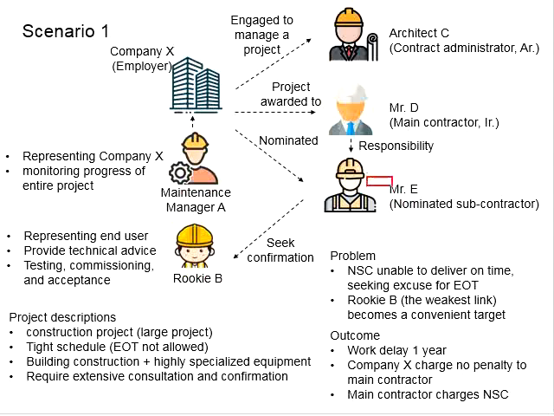So what this Mr. E did, he does not like to pay the penalty for not being able to deliver on time. Therefore, he would like to seek an excuse for EOT. And now, Mr. Rookie B becomes the weakest link within the group, and he is obviously a convenient target.